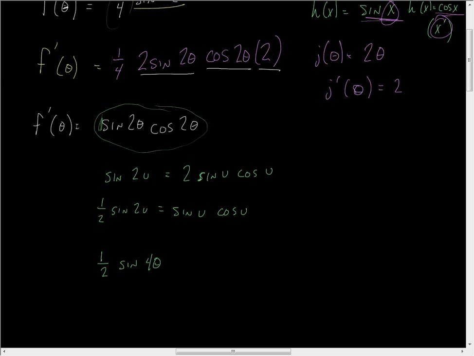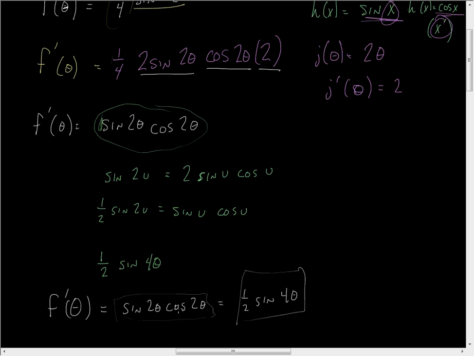And so we can rewrite this as f prime of theta is equal to sine of 2 theta cosine of 2 theta, which is rewritten as 1/2 the sine of 4 theta. Now the second part here is not really critical. If you can get to this point here, that's probably going to be good enough. However, these trig identities do come in soon, as in integration, when we go backwards of taking the derivative.